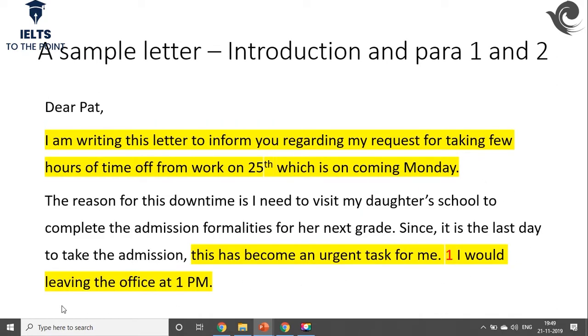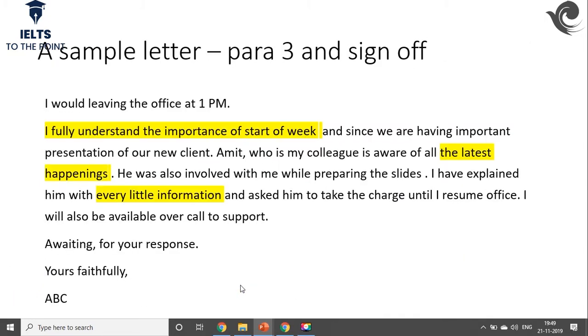Now, coming back to the letter of the student, if you remember, the student wrote, I would be leaving the office at 1 p.m. That's where he is starting this part. So just for your reference, I've put this line over here. I fully understand the importance of start of week.